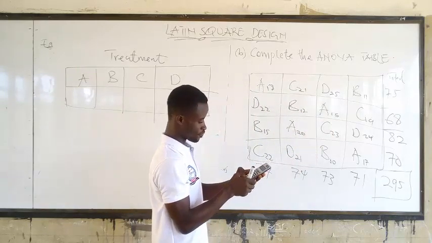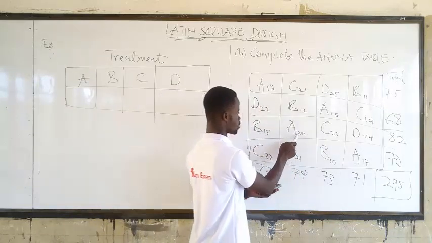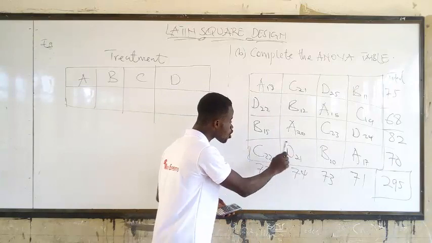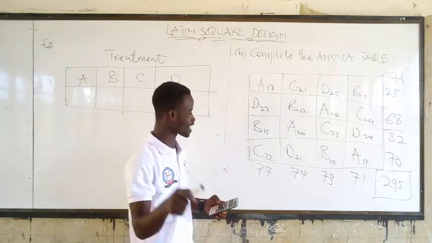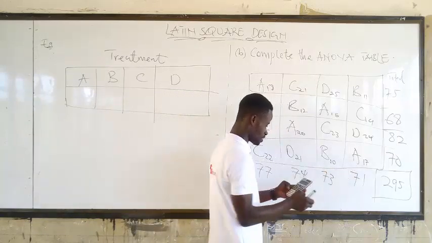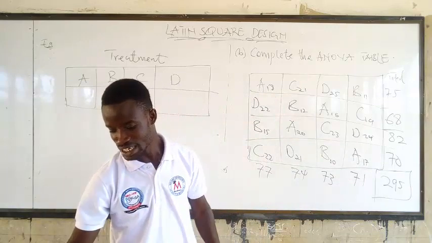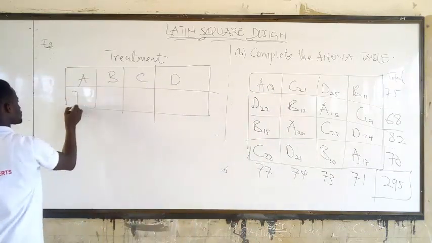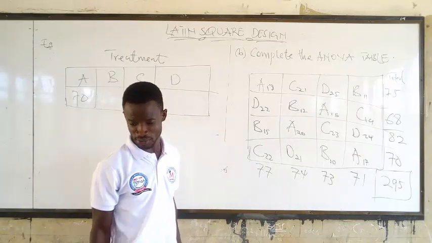Plus 15. Plus 20. If you don't do it row by row, you may add two things again, so be careful. Then the last row, we have 17. So we have the summation of the A treatment to be 70. I hope you also have the same thing, unless you are using a different calculator.